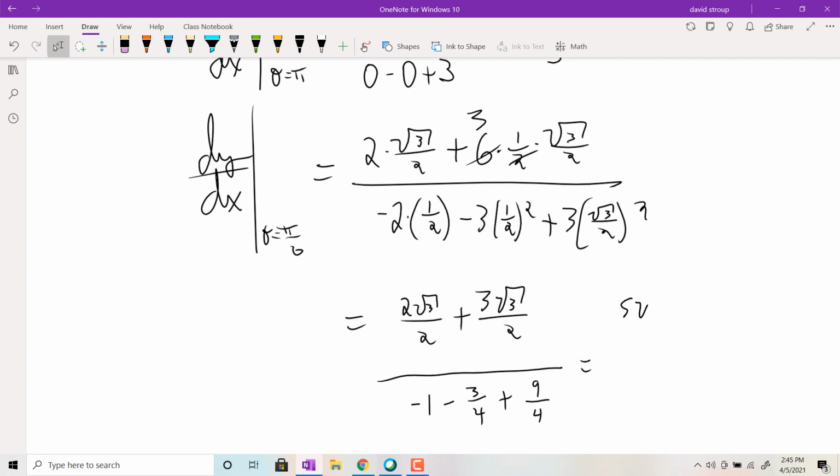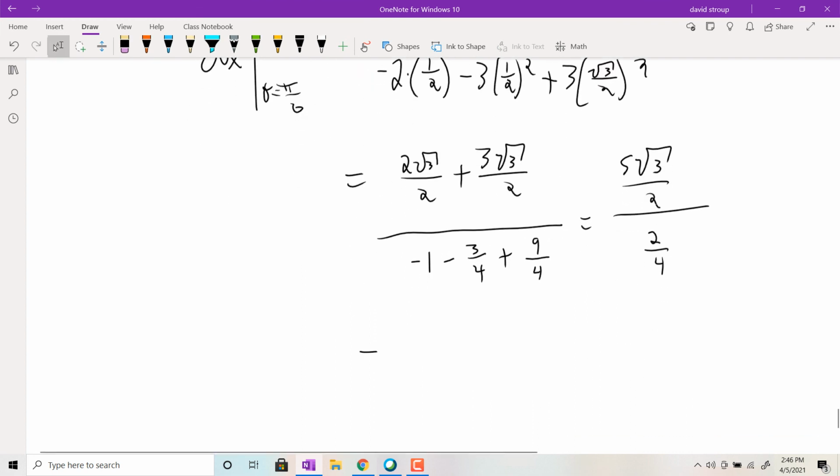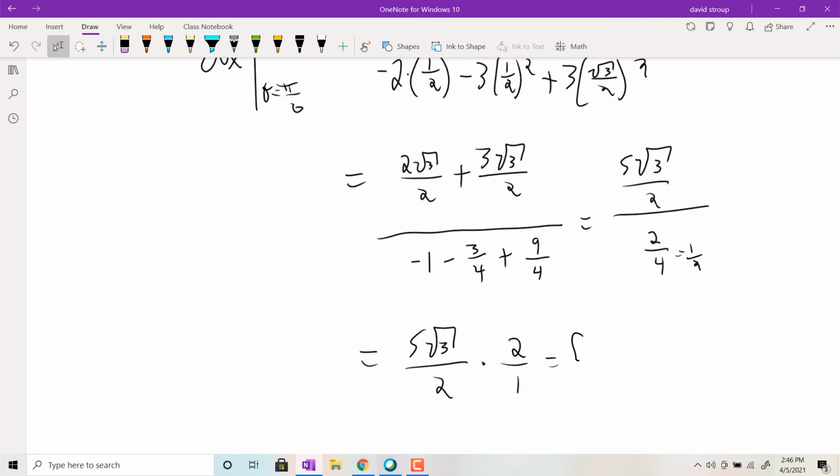So let's look at 5 √3s over 2 all over -4/4 minus 3/4 is -7/4 plus 9/4 is 2/4. And then that'll be 5 √3 all over 2 times the reciprocal. This 2/4 is 1/2, and the reciprocal of 1/2 is just 2. So that would be 5 √3.